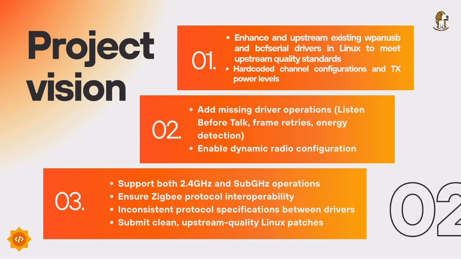This includes missing driver operations like listen before talk and frame retries, hard coded channels and power configurations with no support for querying capabilities from the firmware. My goal is to fill these gaps, enhance the firmware to expose configuration data, and ensure full compatibility with both sub gigahertz and 2.4 gigahertz bands, ultimately supporting protocols like Zigbee.